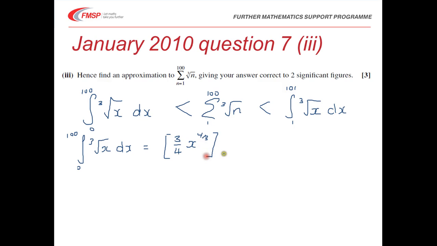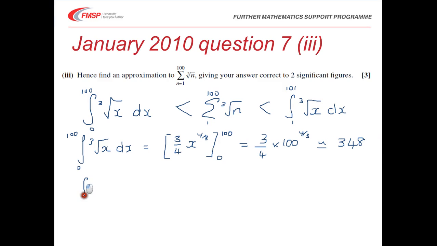And if we evaluate that between 0 and 100, then we get 3/4 of 100 to the power of 4 over 3, which is approximately 348. Now we're asked to give our answer to 2 significant figures, so I've rounded that to 350.